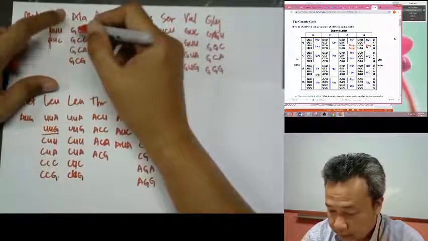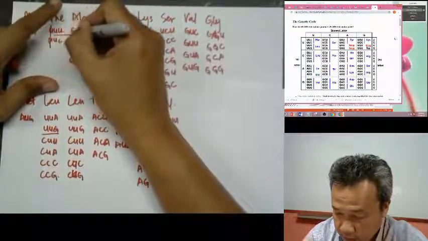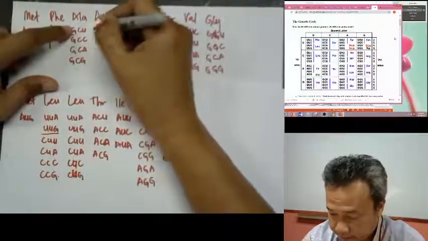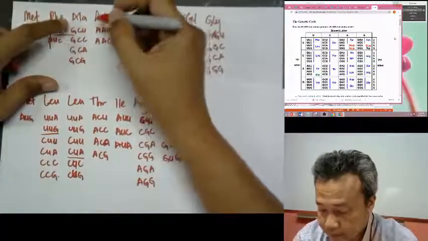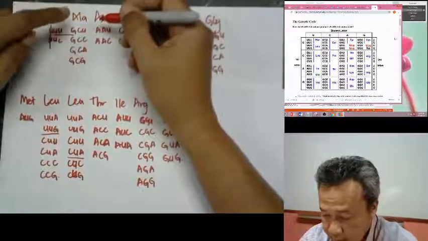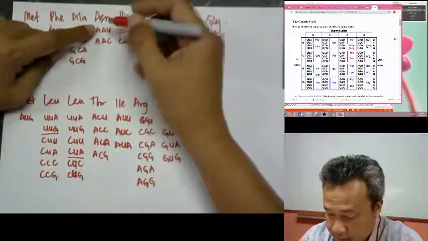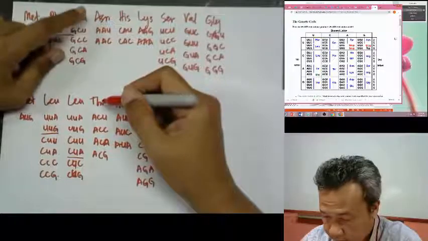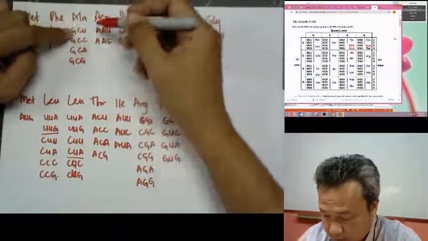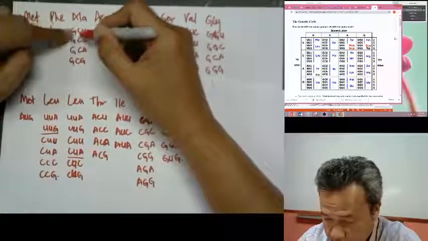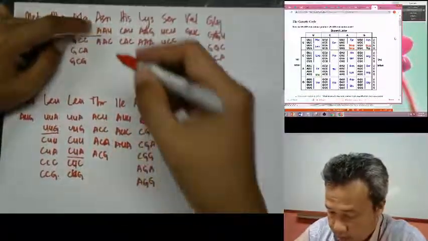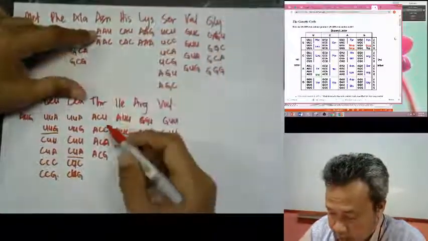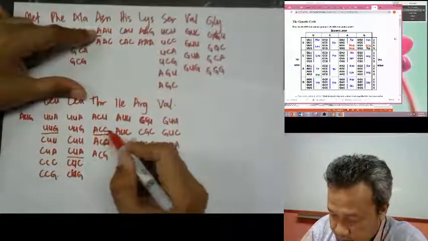So that's the first sequence, UUG, and then it will be CUA, because the next one is A, so it will be CUA. Now the next one is threonine. So UUG CUA, and to get threonine the next is ACC.